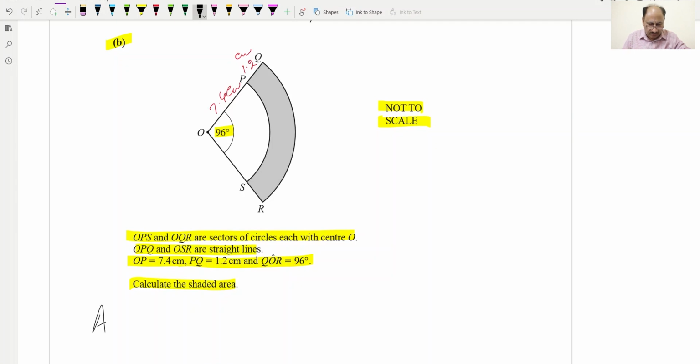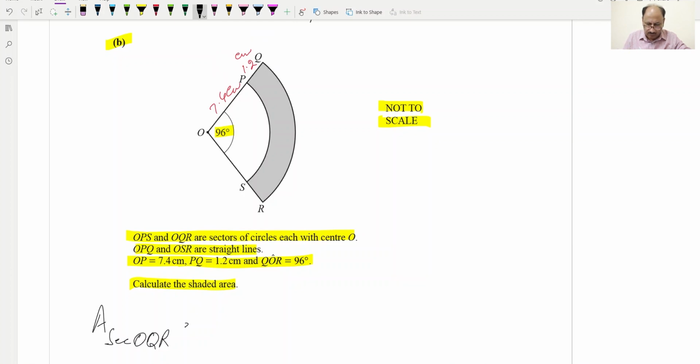So area of sector OQR. For that, the radius will be this complete one, which is 7.4 plus 1.2.